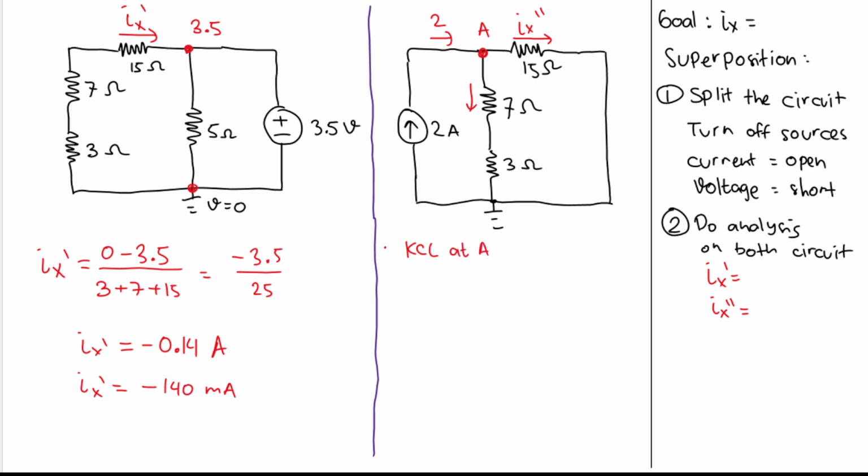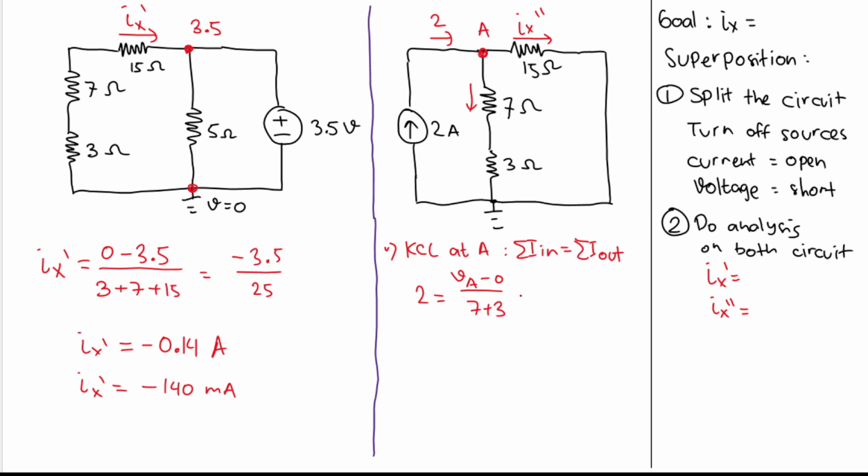Okay, KCL says that the sum of the current that goes in will equal the sum of the current that goes out. So here we will have the current that goes in, that will be 2 ampere. And then the current that goes out, I will have VA minus 0 divided by 7 plus 3.